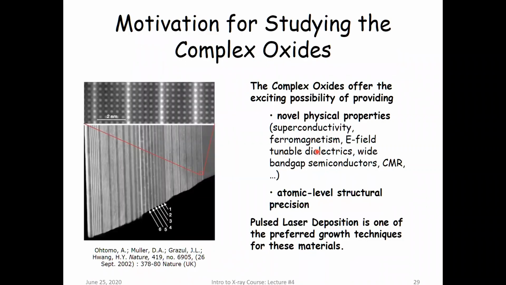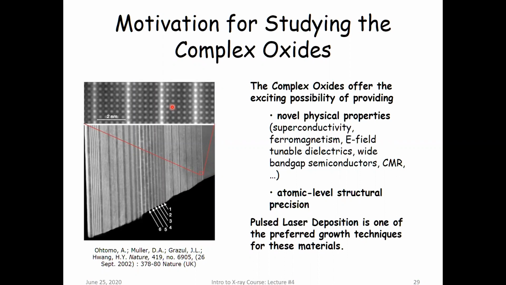There are lots of reasons for studying these complex oxide films. They have really amazing properties, from superconductivity to ferromagnetism. You can have tunable dielectrics, wide band gap semiconductors, colossal magnetoresistance, you name it, it's all in there. The other really appealing feature about them is that using molecular beam epitaxy or other growth techniques, pulsed laser deposition, you can actually create atomically perfect samples.